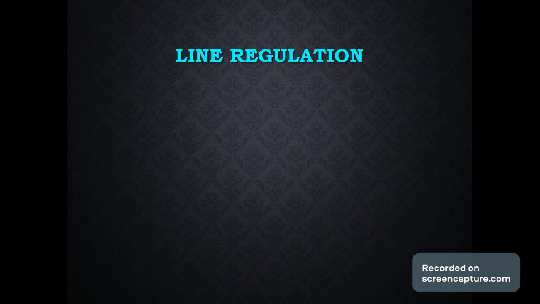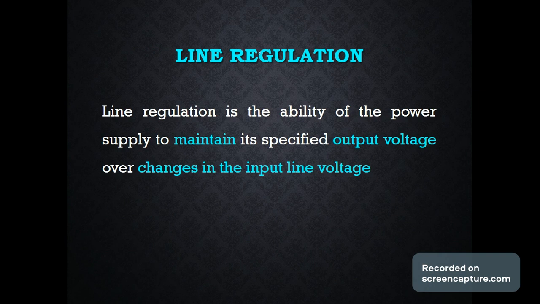That is, how far your output voltage is going to be constant in spite of change in the input voltage. It is the ability of the power supply to maintain a specific output voltage over changes in the input line voltage. Even though there is variation in the input line voltage, your output should remain constant. That is called line regulation.